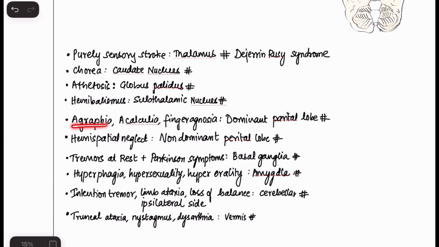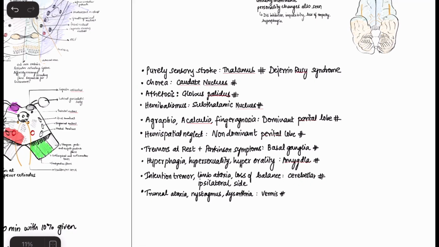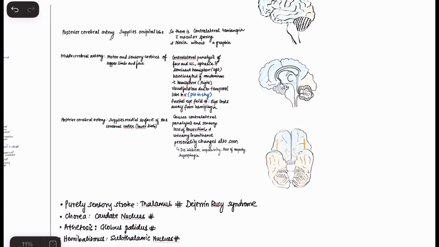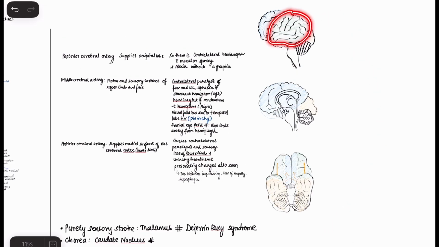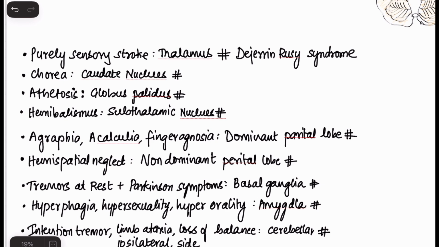Now, symptoms such as agraphia, acalculia, and finger agnosia will happen if the dominant parietal lobe is damaged. And that is what is seen in our middle cerebral artery stroke. Right. So the middle cerebral artery, if it damages the dominant parietal lobe, you can see acalculia, finger agnosia, and agraphia.